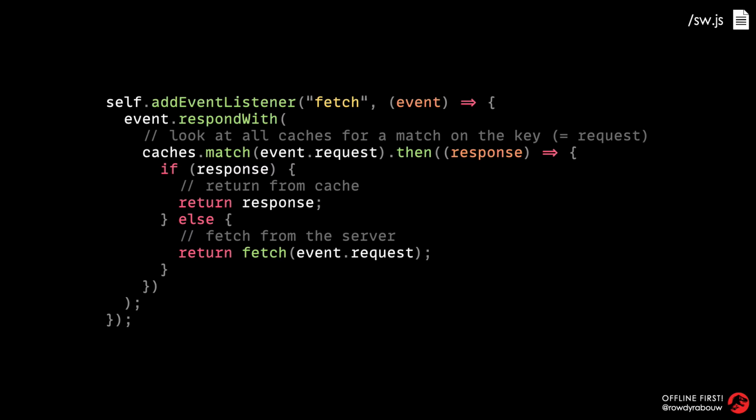As soon as the browser wants to get some data from the server, this event will be triggered automatically. And what we do here is we try to match the URL that's requested from the server with files that are in our cache already. And if it's there, so the if response, then we just return it from the cache, and otherwise we still fetch it from the server.